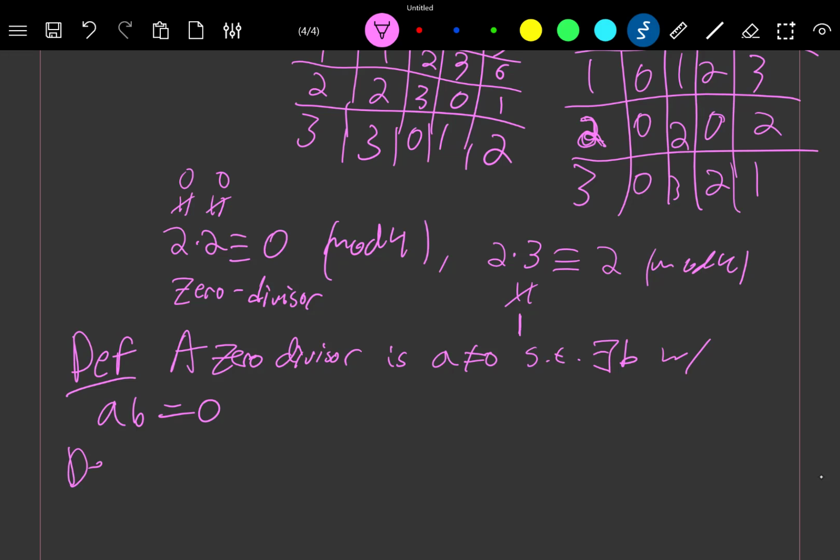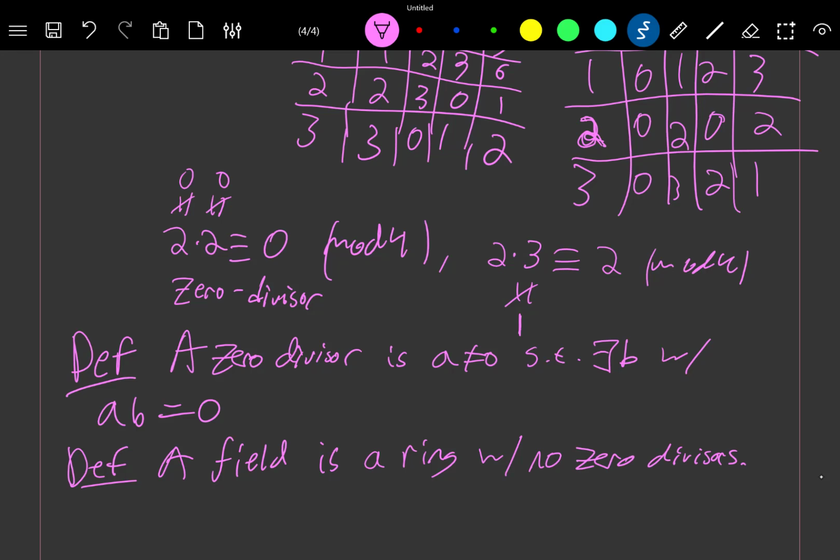And I'm also going to define a field is a ring with no zero divisors. And if I want to be specific, I should say it's a commutative ring. Otherwise, it's just a division ring.